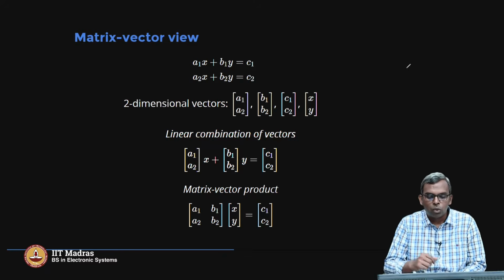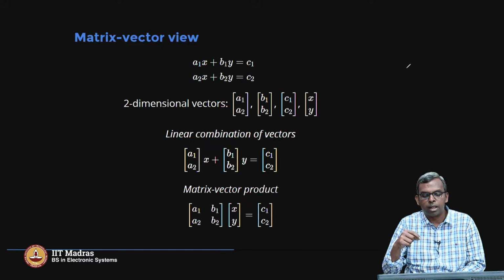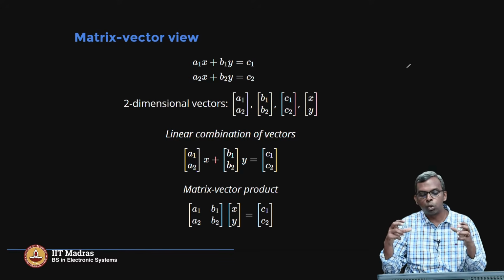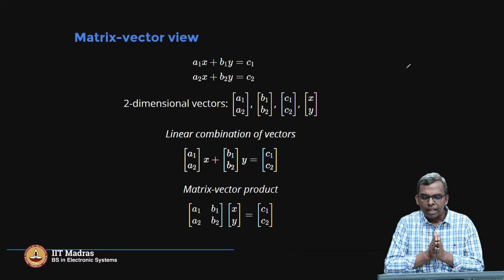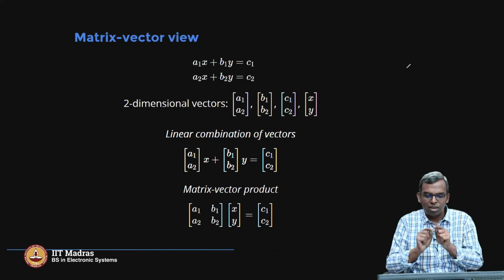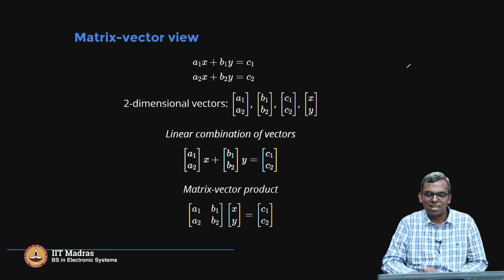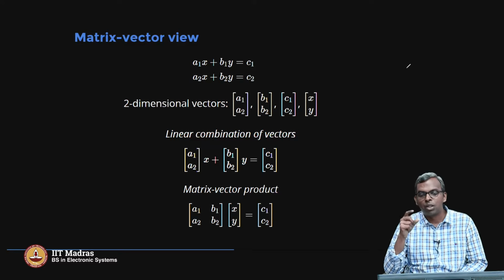Okay. So when you look at this equation, a1x plus b1y equals c1 and a2x plus b2y equals c2, it turns out you can group the various variables here into vectors. And you can write it in this notation where I say a1 and a2 is one two-dimensional vector.